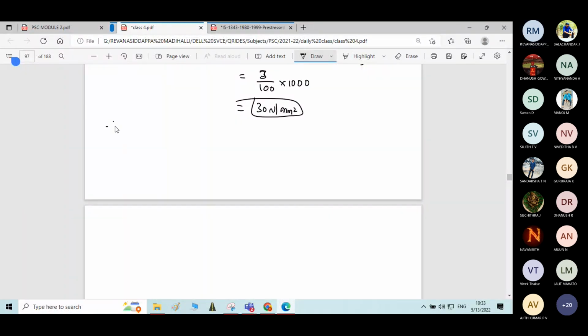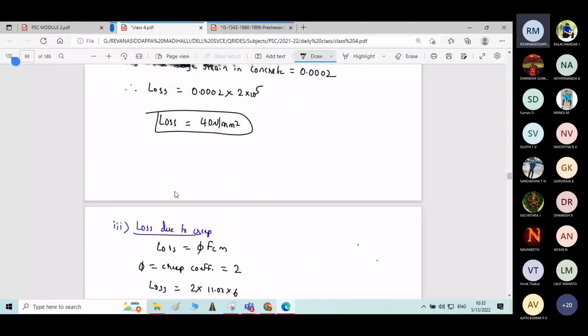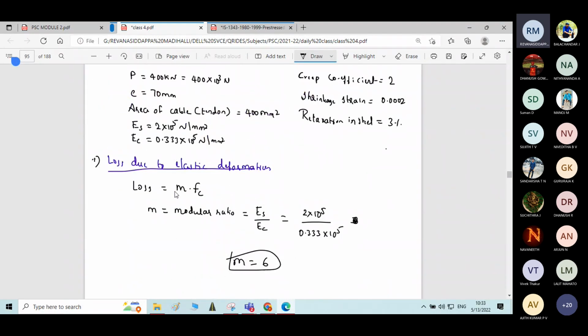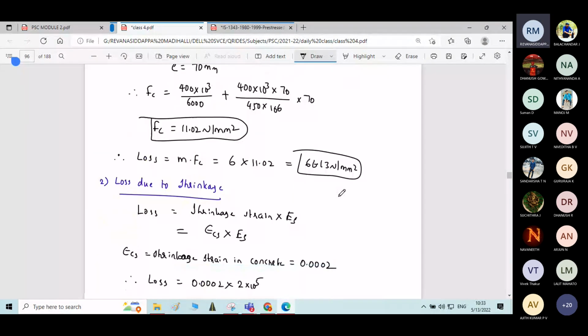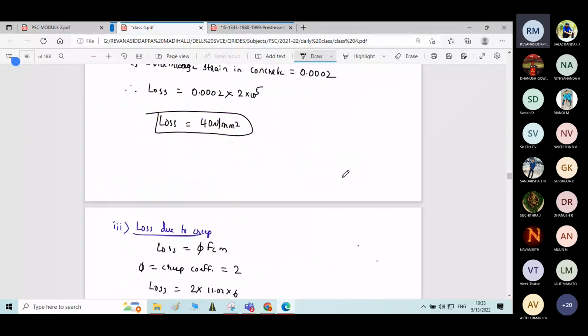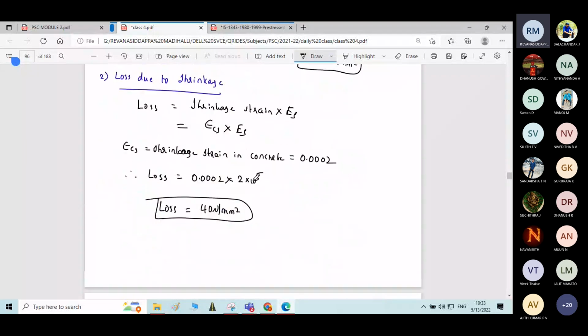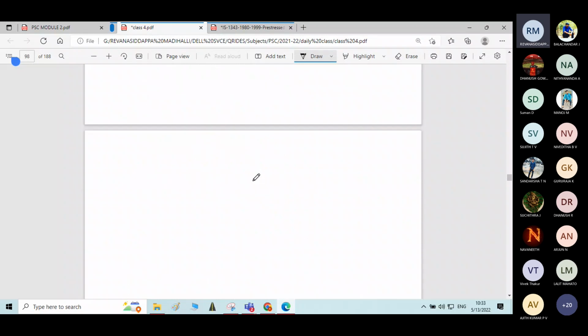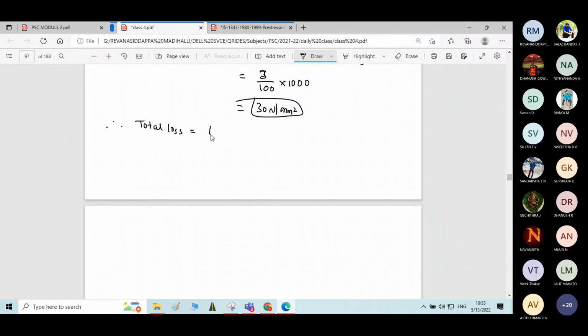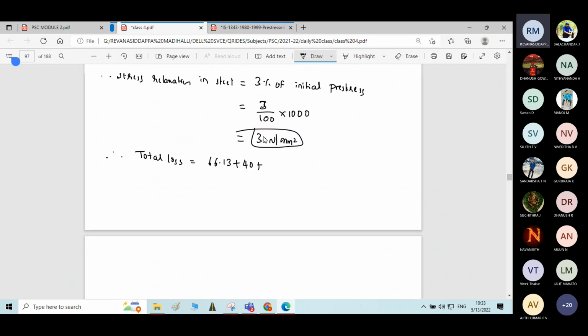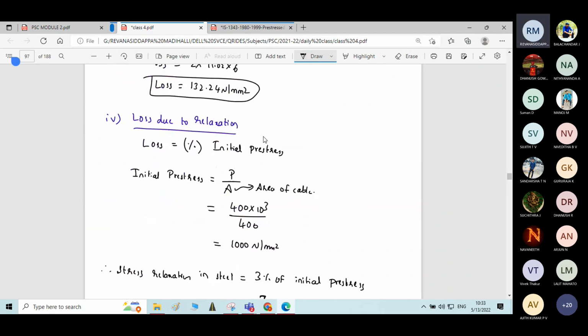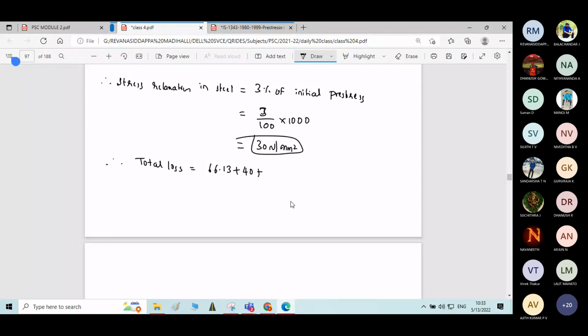Therefore, the total loss is equal to loss due to elastic deformation, which is 66.13, plus loss due to shrinkage, 40, plus loss due to creep, 132.24.